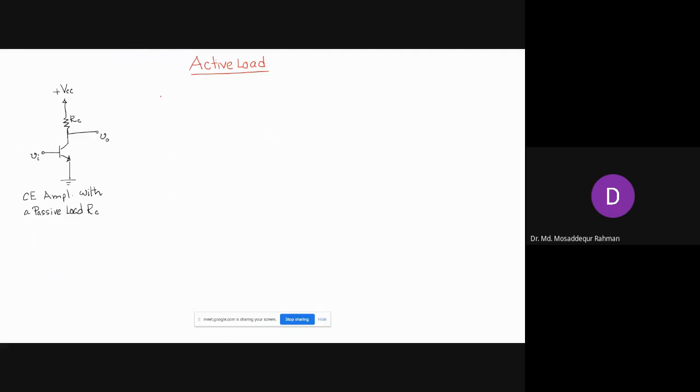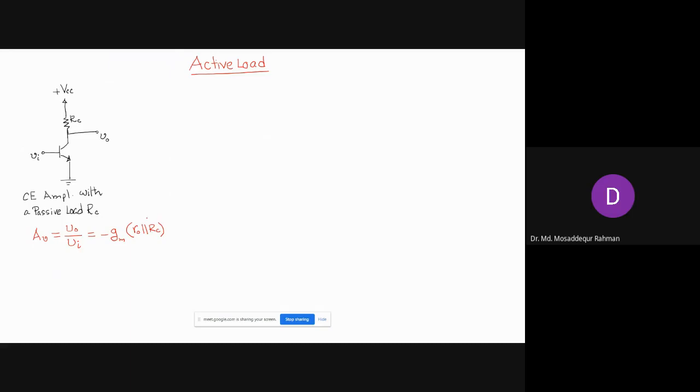In this case, the voltage gain of the amplifier is V naught by Vi, and that is given as, for the common emitter amplifier, minus Gm times small r naught in parallel with Rc.